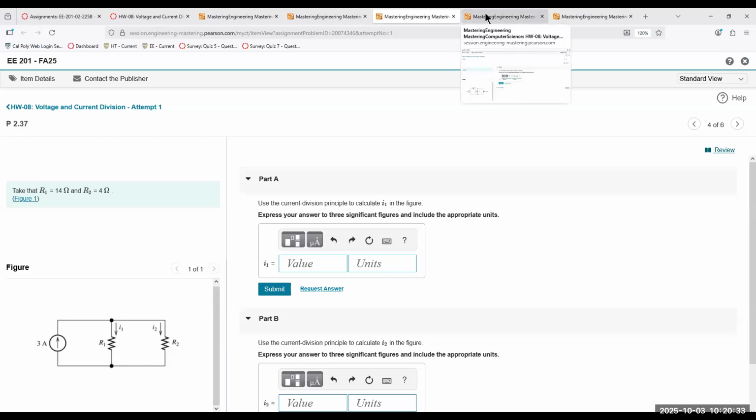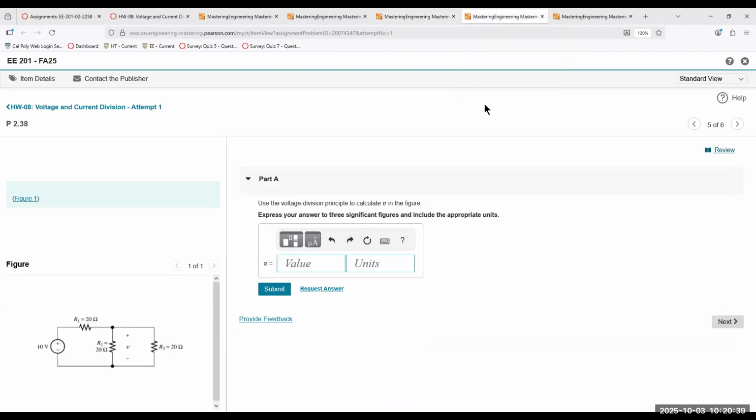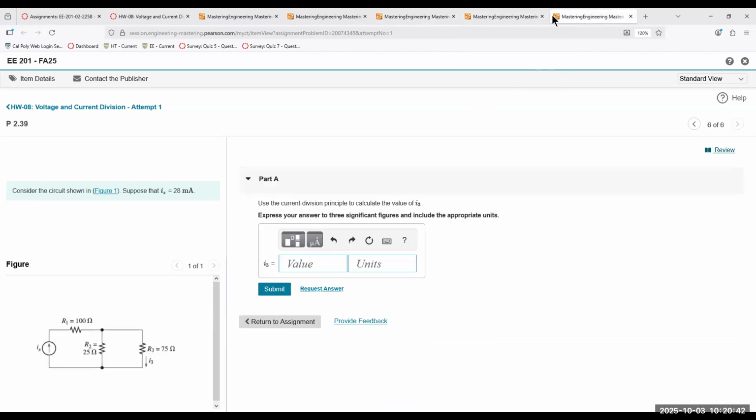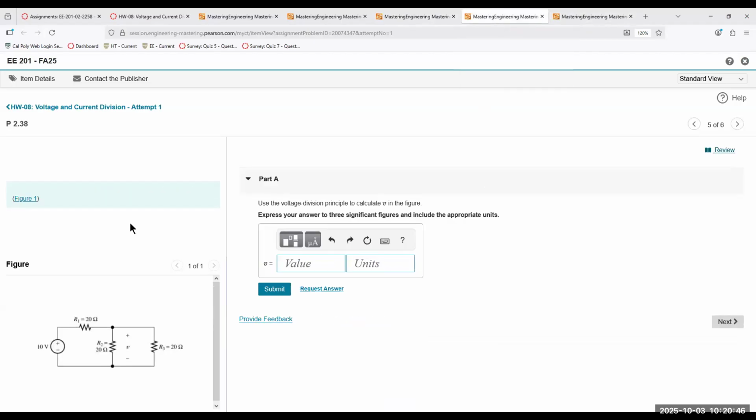Straightforward too. 3 amps being divided into I1 and I2. And then you had these two. The question asked here was to use the voltage division principle to calculate V in the figure.